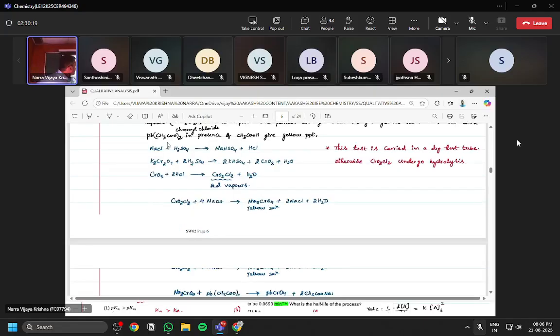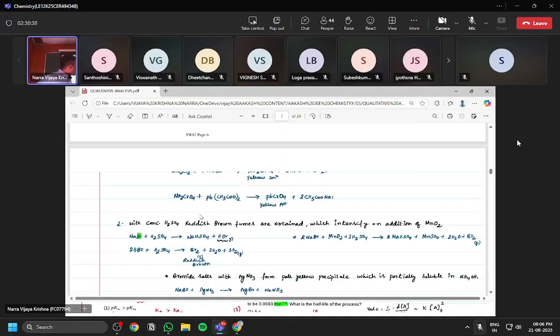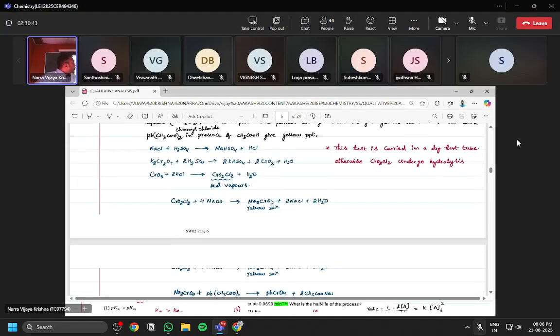Corresponding reactions. Cl minus or NaCl with H2SO4 forms NaHSO4 plus HCl. K2Cr2O7 with H2SO4 forms CrO3. This CrO3 and HCl combine to form CrO2Cl2. That CrO2Cl2 with NaOH forms Na2CrO4. That Na2CrO4 with lead acetate forms PbCrO4.